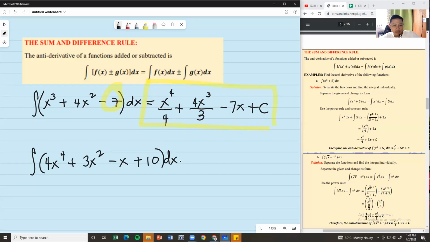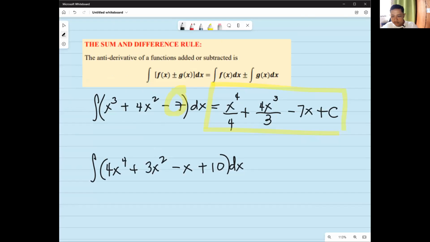Go. Give me the antiderivative of this given. Type the answer in the chat box.